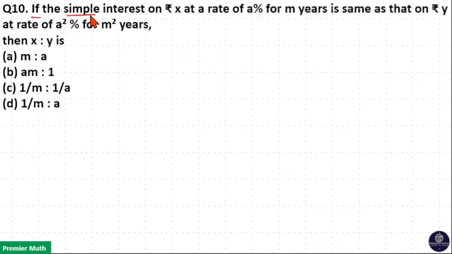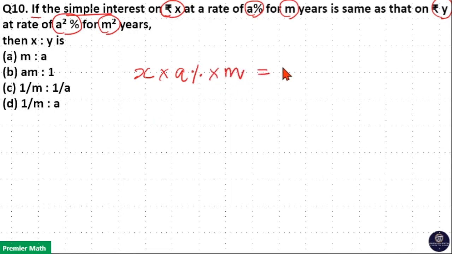If the simple interest on rupees X at a rate of A percent for M years is the same as that on Y rupees at a rate of A square percentage for M square years. That is, simple interest on rupees X at a rate of A percentage for M years is the same as simple interest on rupees Y at a rate of A square percentage for M square years.